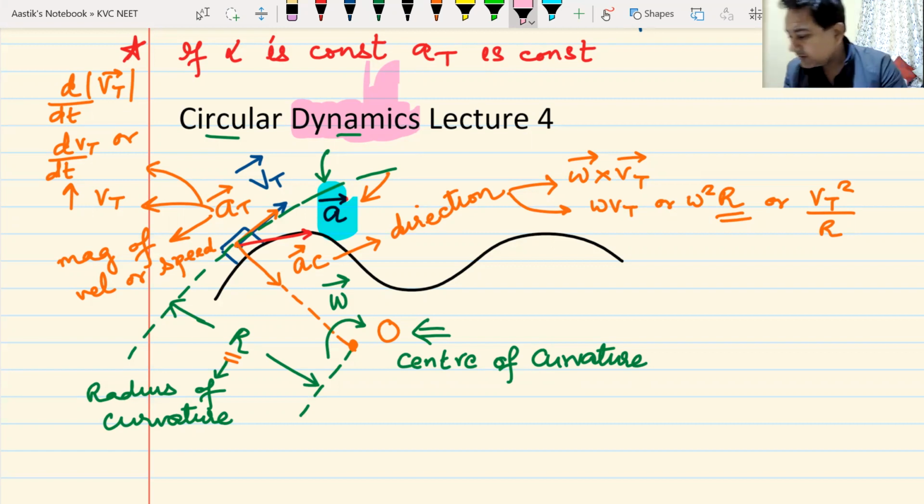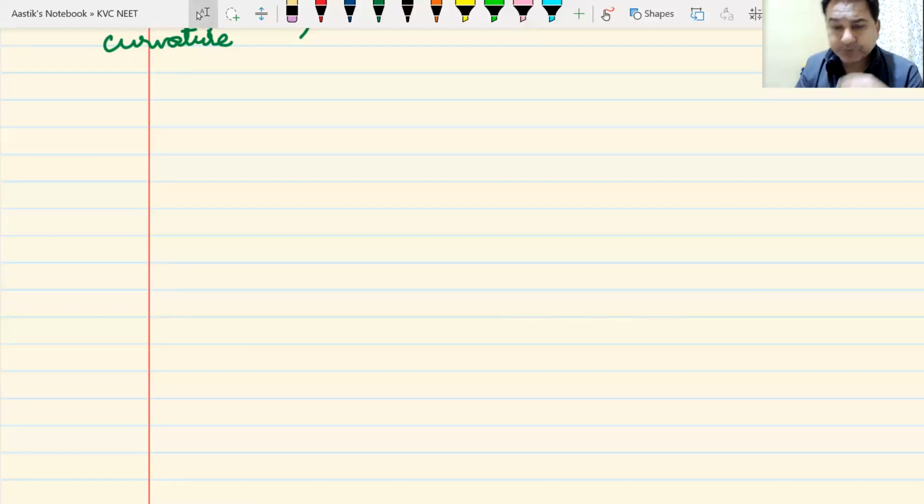Here in this diagram, I think this diagram has become too congested. So what I'll do is I'll just move on to another one, a blank sheet. So now let us try to revise what we know about force. Right.